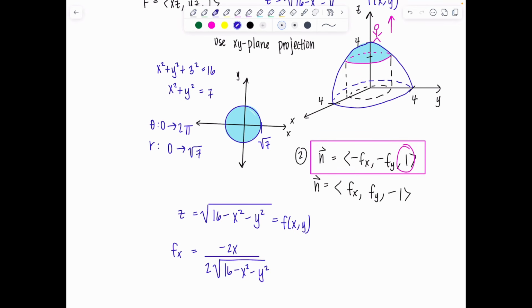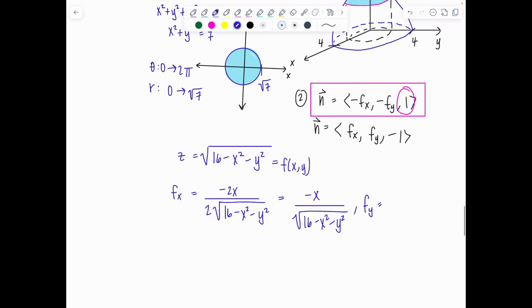That would be negative 2x. So this will be negative x over square root 16 minus x squared minus y squared. And then similarly, partial with respect to y would be negative y over square root 16 minus x squared minus y squared.